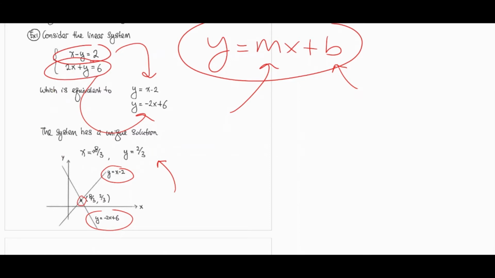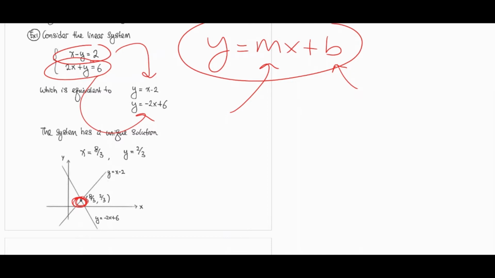Geometrically speaking, you are looking for the coordinates of the point where the two lines intersect each other. This intersection point, this particular coordinate here, is the solution for this linear system.